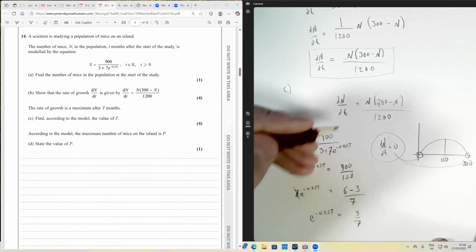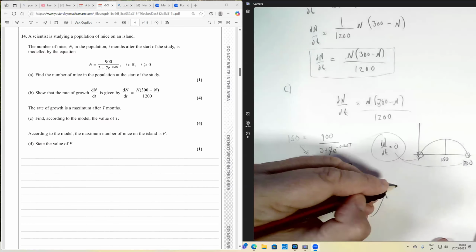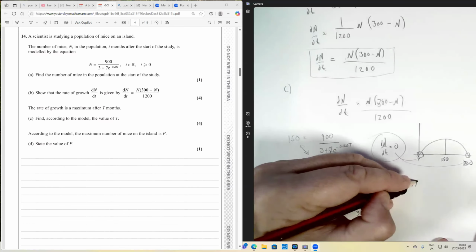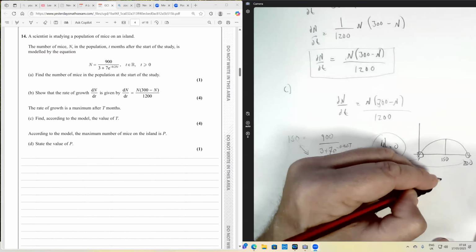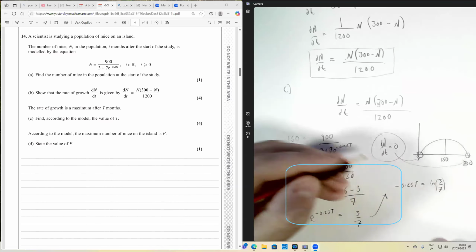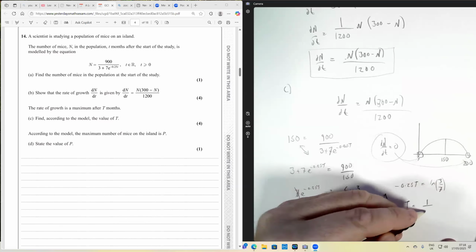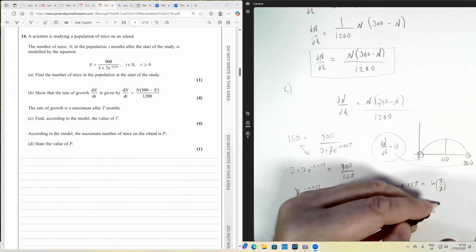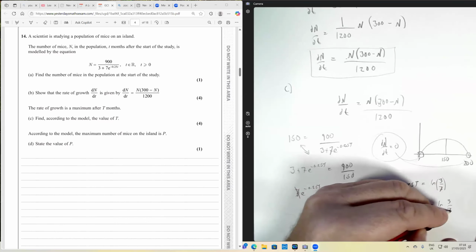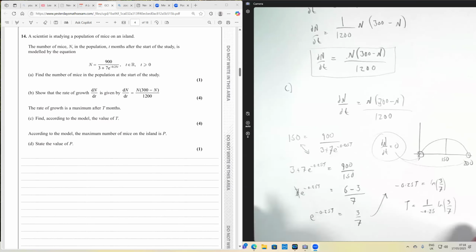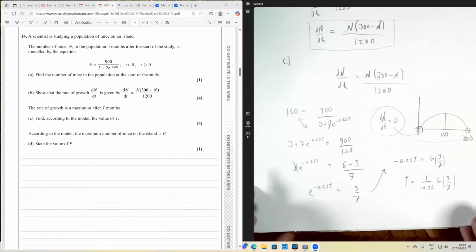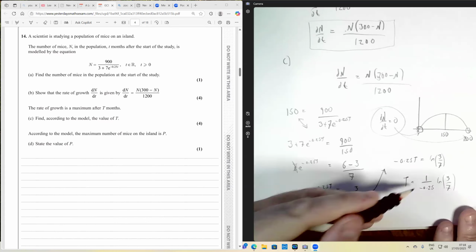Take logs of both sides, and I've now got minus 0.25t is equal to ln of 3 over 7, and then divide by minus 0.25. So 1 over minus 0.25 times ln 3 over 7, and that is our answer when we solve it. To be honest, they will accept that as an answer.